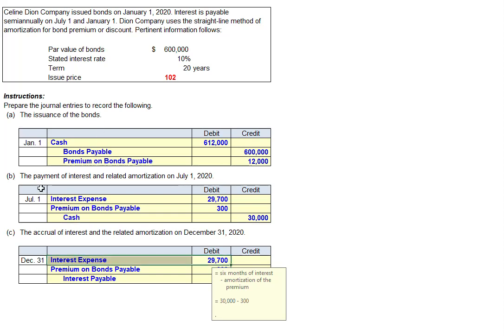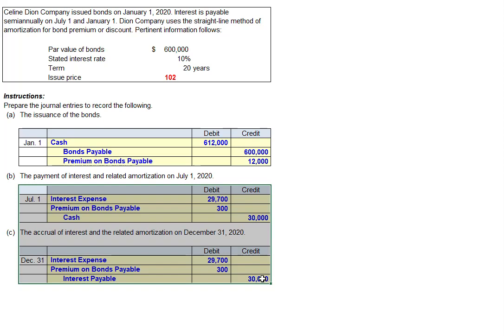We will record these identical entries every year for the next 20 years. At the end of 20 years, we will pay the investors $600,000 in cash, and we will debit bonds payable for $600,000 as well. You can notice that $12,000 of the cash we received up front is an overall reduction in our interest cost or borrowing cost on these bonds.